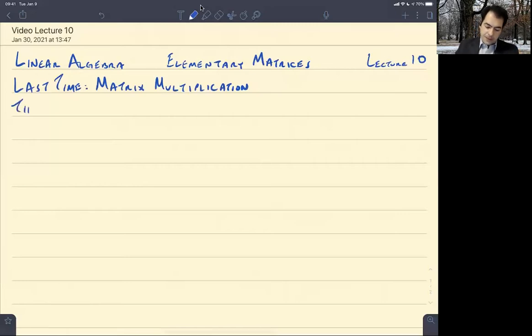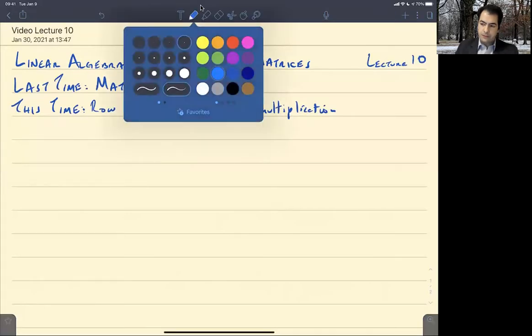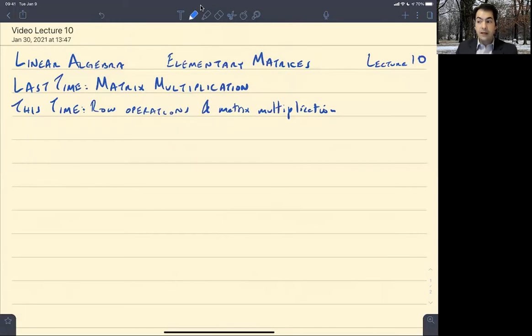This time, we're going to talk about row operations and Gaussian elimination and how that relates to matrix multiplication. Okay, so it turns out the relation is very direct.